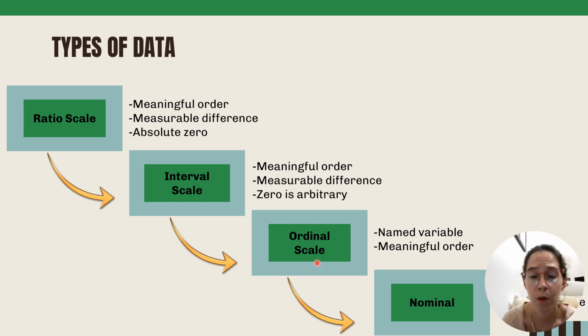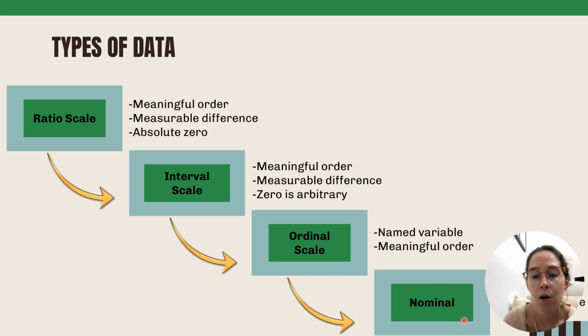Then when we go to the ordinal scale of measurement, we have a meaningful order among the categories, but remember that the numbers there just represent a position inside the distribution, and those numbers have no numerical or mathematical meaning.